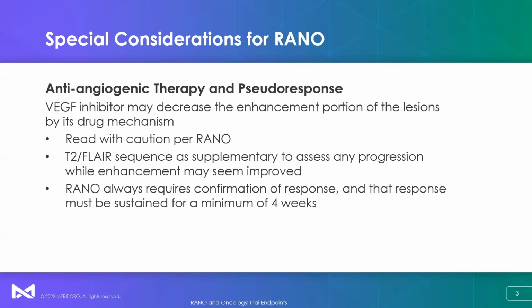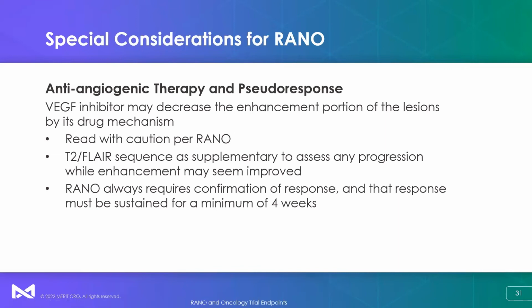RANO has a recommendation to read with caution, so that if anti-angiogenic therapy is given to the subject, the reader should be aware of that. The T2-FLAIR sequence can also be used as a supplement to assess whether there is any progression, while the enhancement imaging may seem improved.